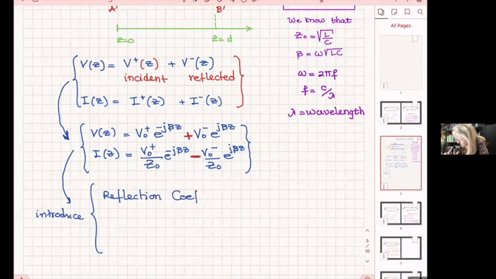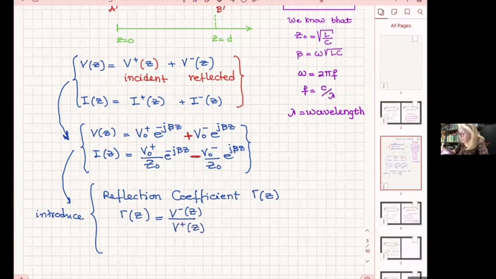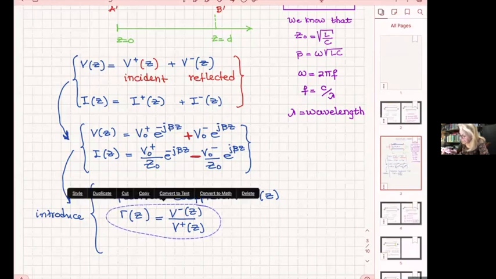The reflection coefficient is a function of Z, gamma of Z, and it represents the ratio of the reflected voltage over the incident voltage. And because the reflected voltage and the incident voltage are functions of Z, gamma of Z is also a function of Z.